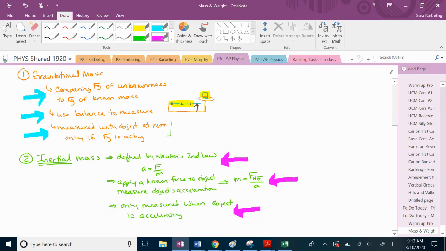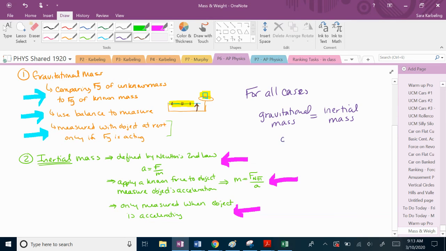Now, here is the kicker, my friends. This is why we have to go through this, define these, and then not get ourselves too worked up about this. Here it is, right here. For all cases, gravitational mass is equal to inertial mass. Yay! All right.